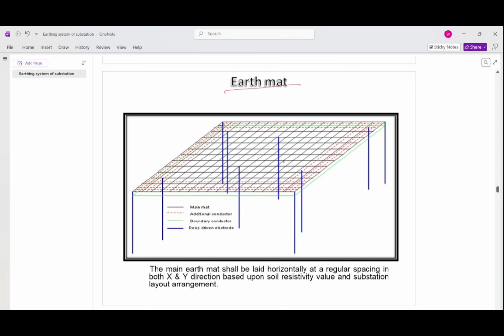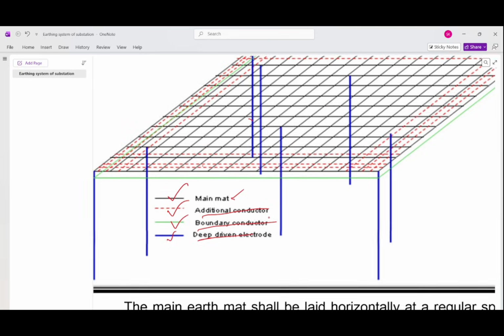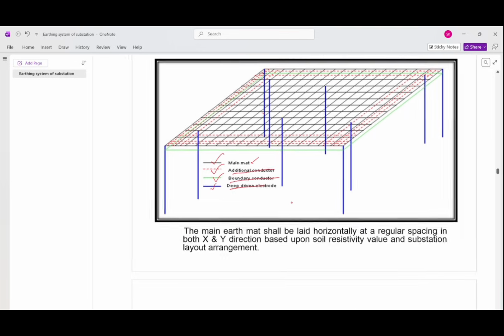So this is the earth mat, and vertical rods in blue line are deep driven earth rods. The earth mat in black is shown here. The dotted red line shows additional conductors, the green line shows the boundary conductor, and the blue line shows deep driven electrodes. So this is the earth mat we have provided.